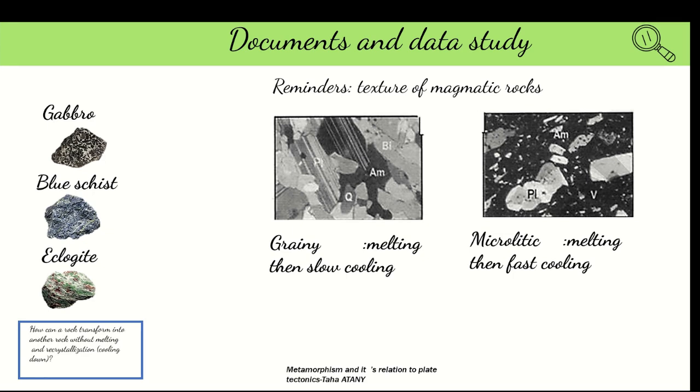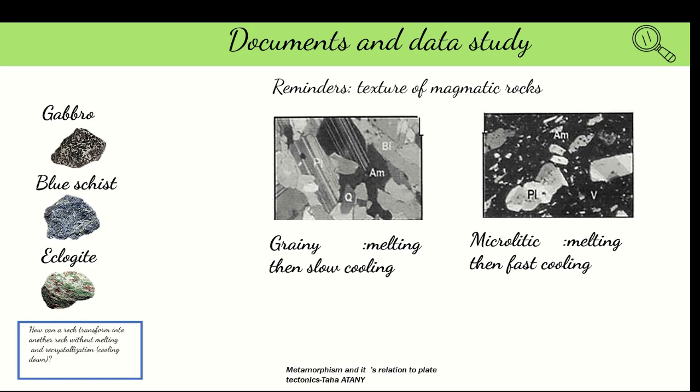In the previous lesson, we studied the texture of two igneous rocks. We have two major types, grainy and microlithic. Microlithic, we have some chunks of mineral in the form of crystals that are surrounded by glass or microlites. Those minerals have a random shape.